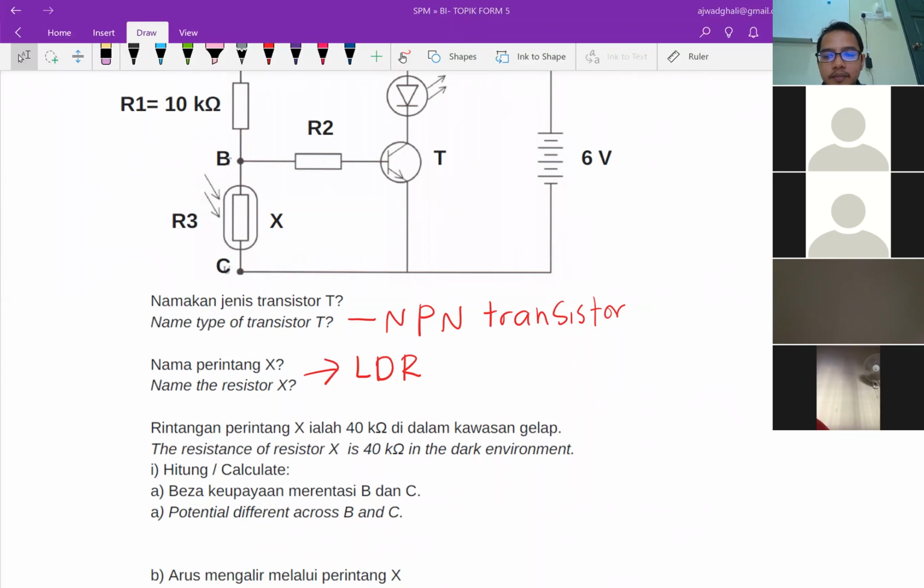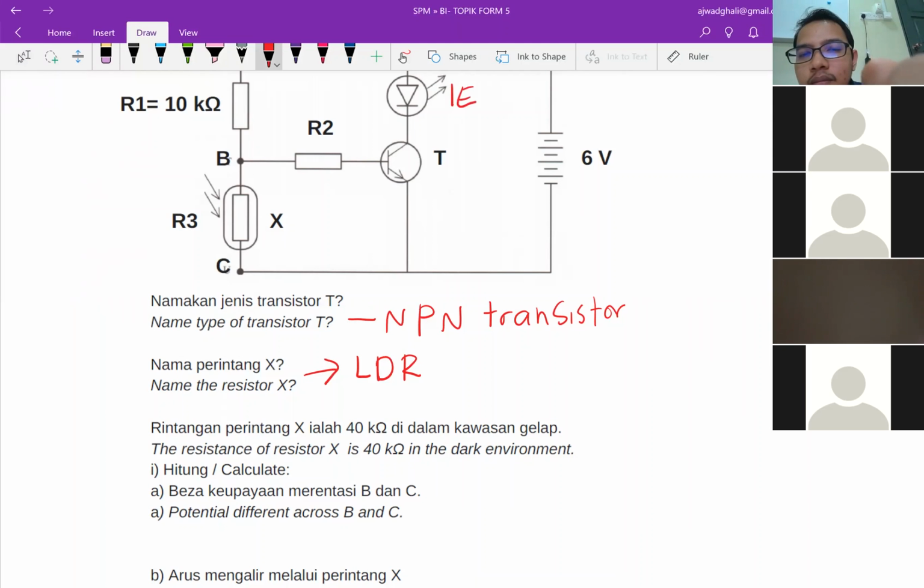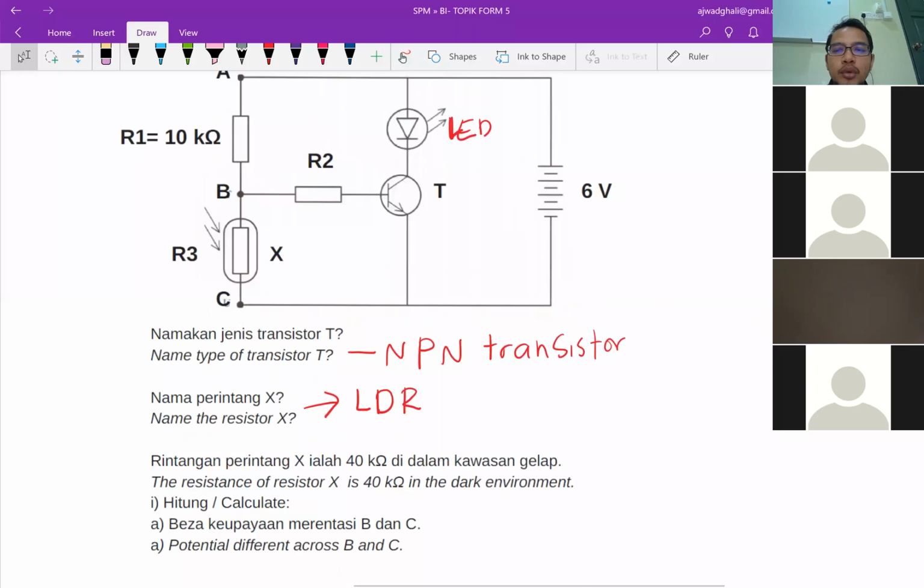In this question, they put an LED. This is the symbol for LED. So when will the LED light up? During night or during days?